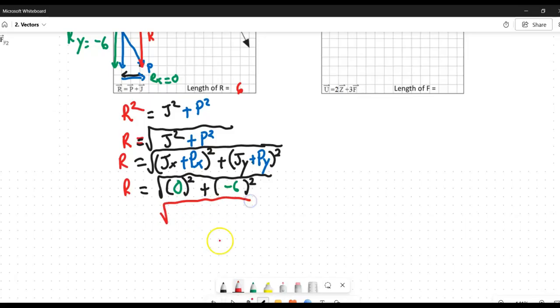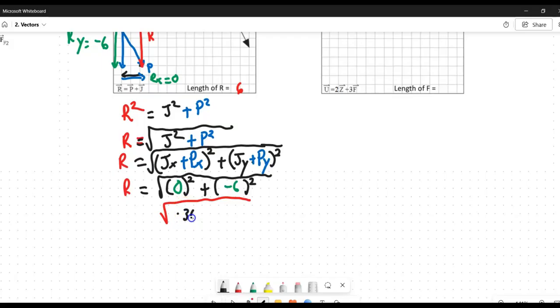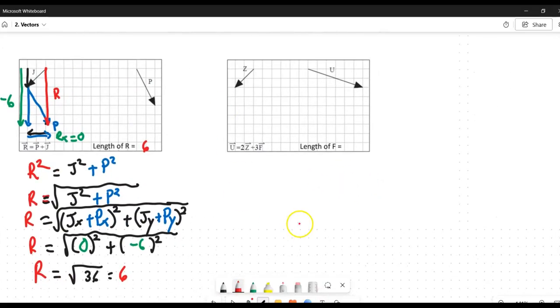So this is just going to be 36 inside that square root. So when we square the -6, we get 36. And so r is going to be equal to 6. Okay. So we're going to have to do that over here with these two guys.